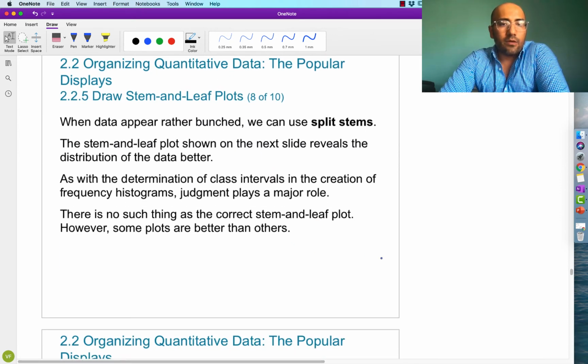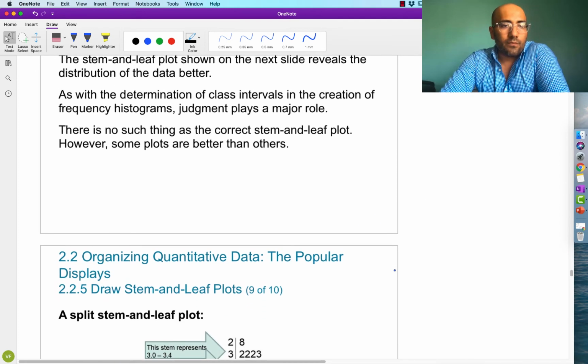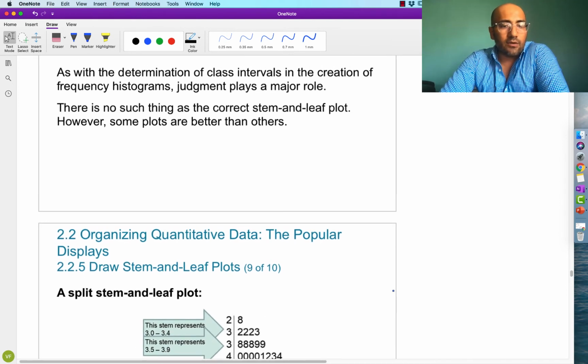When data appeared rather bunched, we can use split stem. So the stem and leaf display shown on the next slide reveals the distribution of the data better. As with the determination of class intervals and the creation of frequency histograms, judgment plays a major role. So there's no such thing as a correct one.